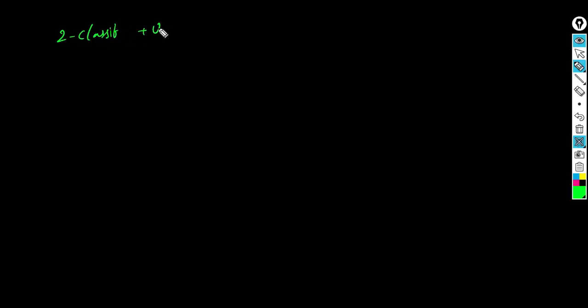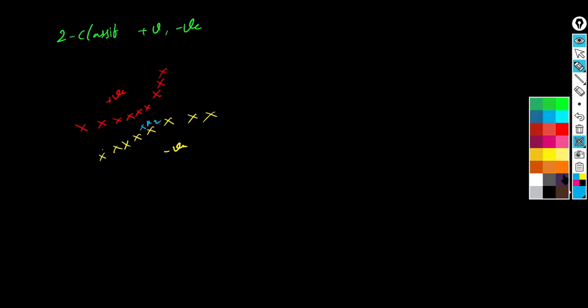We have two classes of data. One is the positive class, and the other is the negative class. Let us consider this is the positive class and this one is the negative class in 2D space. A query point XQ is given, and let's consider this is the query point XQ.